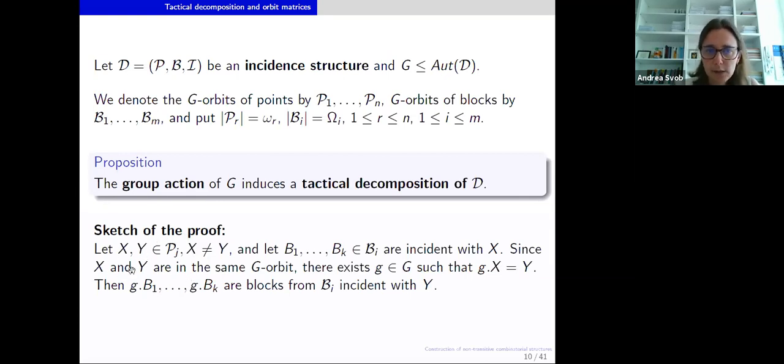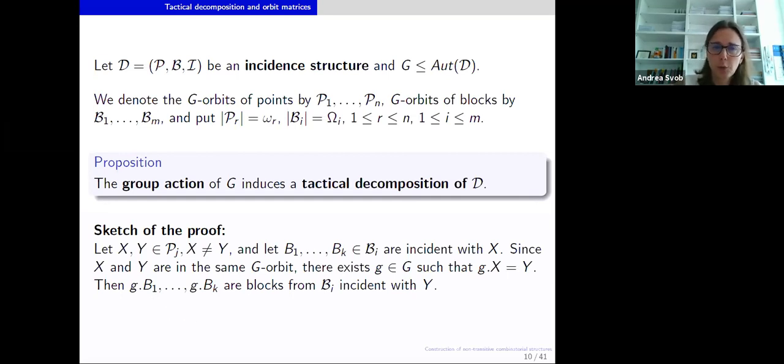So there exists an element g from the group G such that the image of the point x is equal to y. Then gB1 up to gBk are blocks from Bi, which are incident with y. The same idea will go in proving when you fix 2 blocks from the partition of blocks.